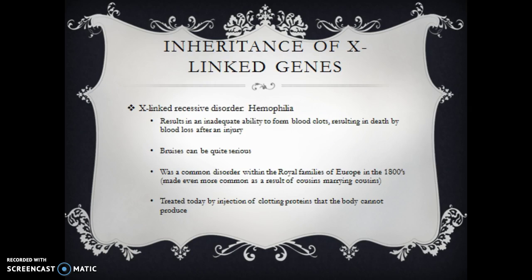And this one happens to be hemophilia, which is the bleeder's disorder. Essentially, hemophilia is an inability to form blood clots because your body is not producing a certain protein necessary for coagulation or blood clotting. Hemophiliacs have a rough life because a bruise can be quite serious.